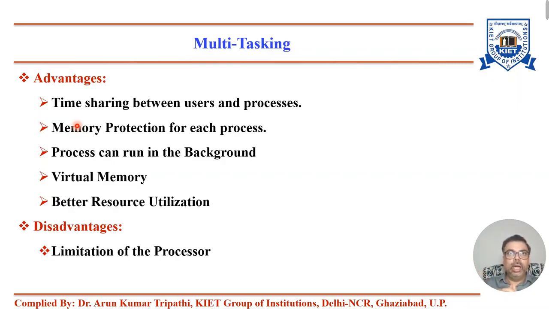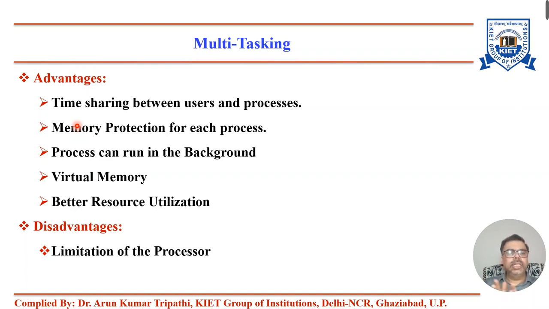For example, Windows Defender is continuously executing in the background. If there is any virus attack, it will automatically detect it and warn through a message that a virus has attacked. Virtual memory, better resource utilization.